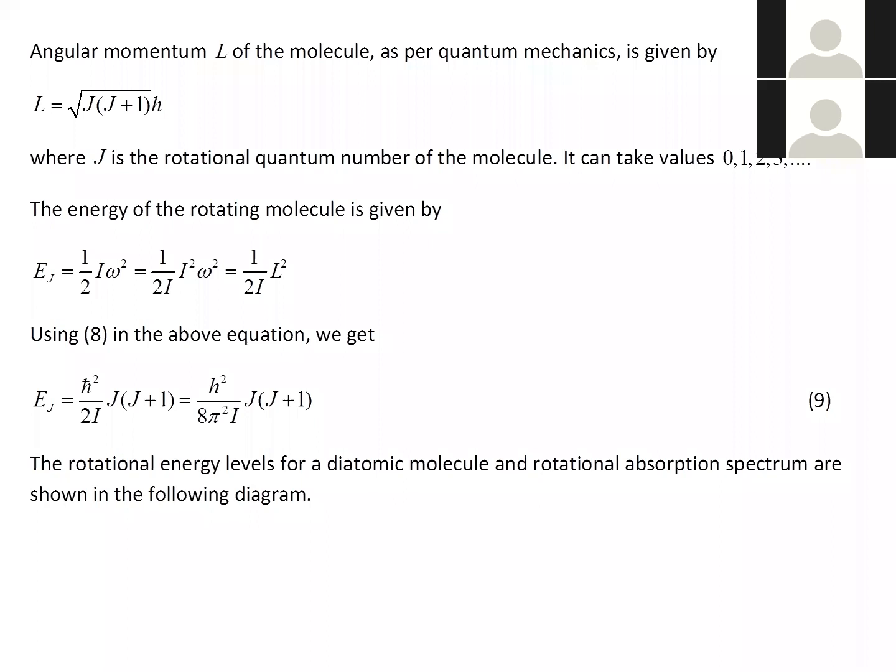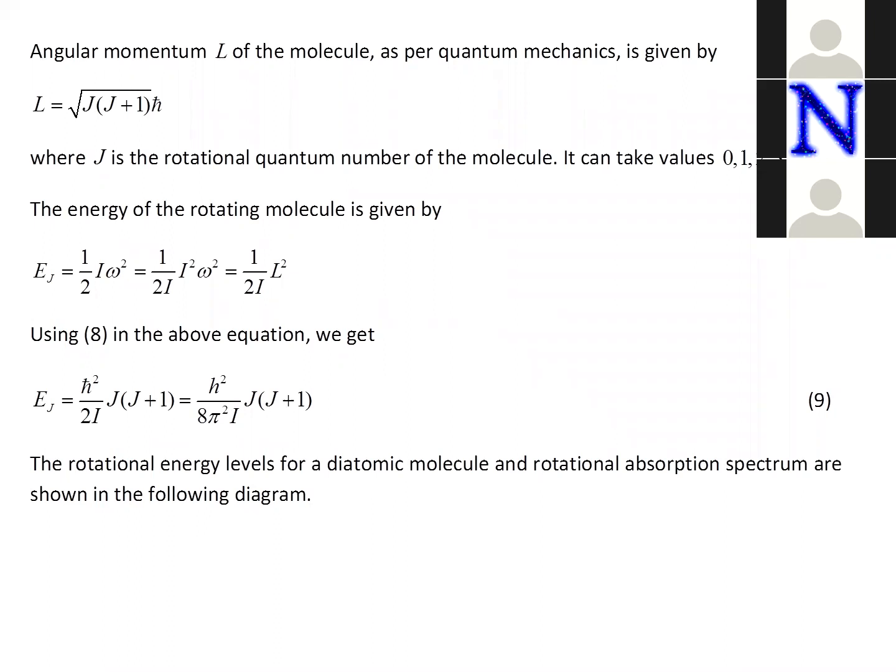I would like to say that as per equation 9, as J increases, EJ also increases in such a manner that as we go from lower J values to higher J values, the energy difference between any two successive rotational energy levels keeps on becoming more and more. Because it is actually 0 times, then 2 times, then 6 times, then 12 times, then 20 times.